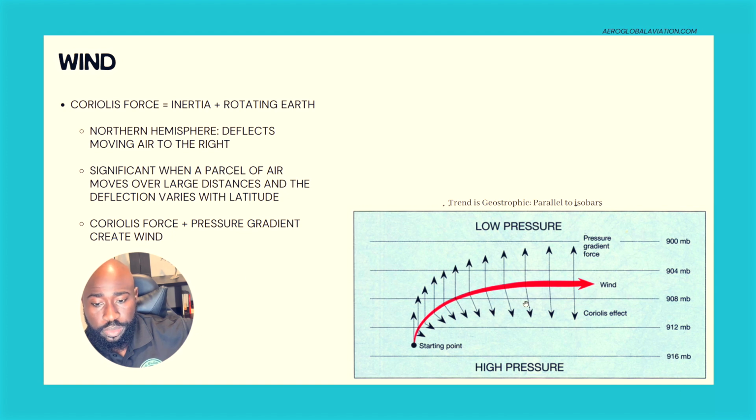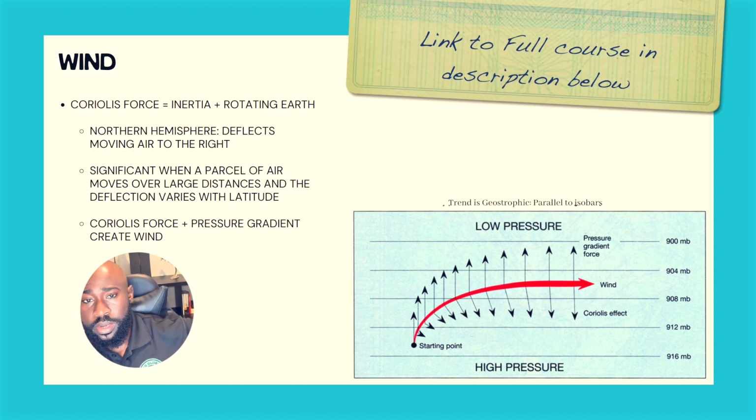As you can see from this picture, it gives us a gradual idea of how this is formed. Remember, in the previous slide, we talked about how the pressure gradient is how the isobars are spaced. Really tight isobars mean a steep or high pressure gradient, which means the wind speed is going to be a lot higher. If it's more spaced out, the wind speed is going to be a lot lower.